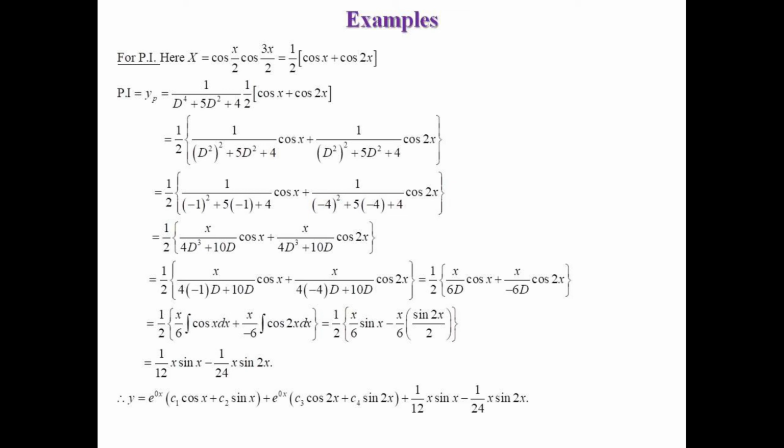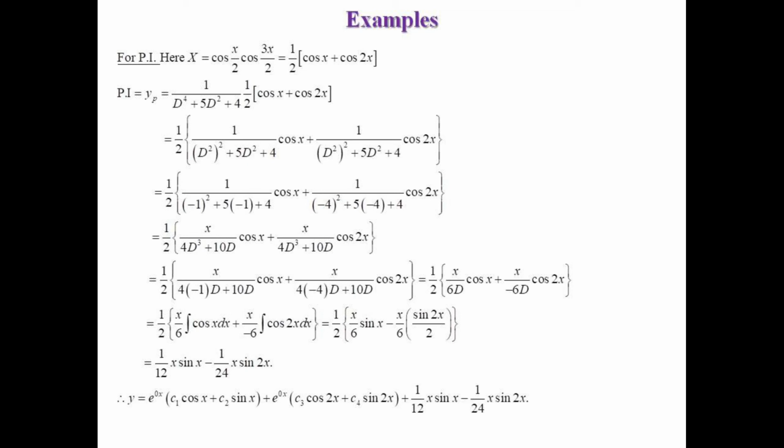So replace D square by a square with minus sign, then 2 square is 4. In this way we get the value of the second term. If we simplify the denominator of the first as well as the second term, then we get the value 0 in the denominator.